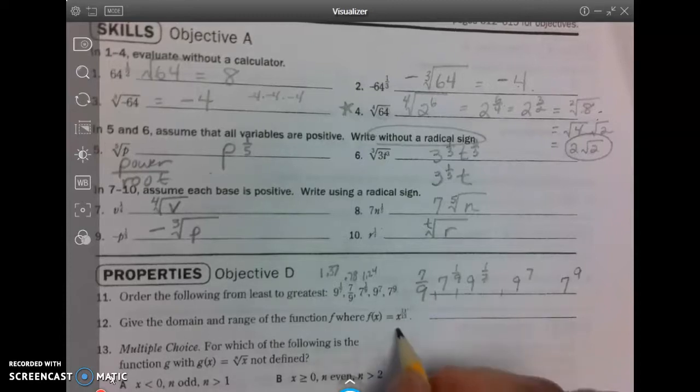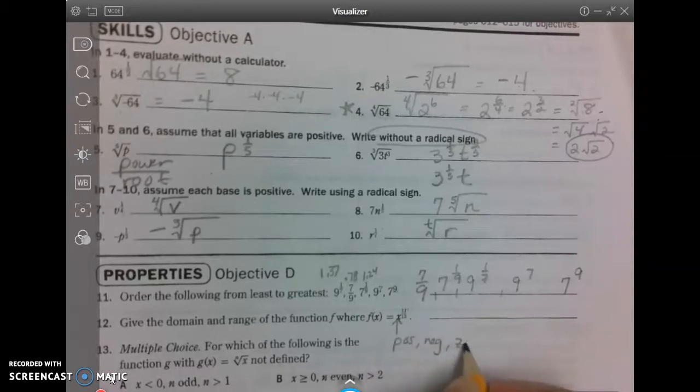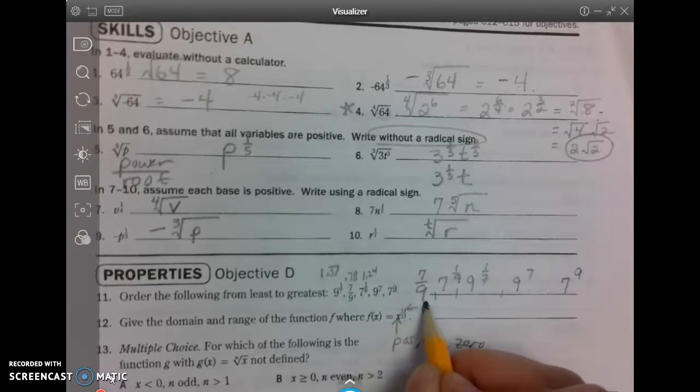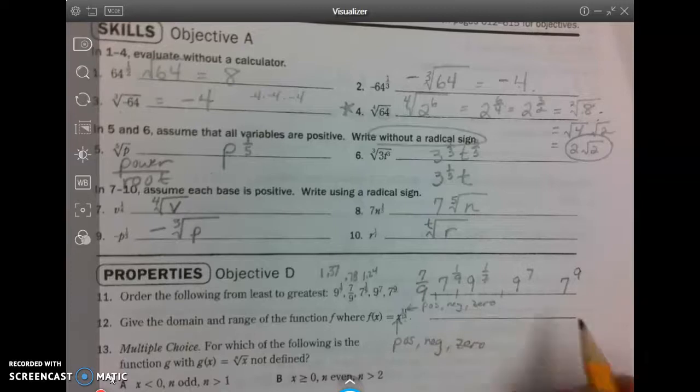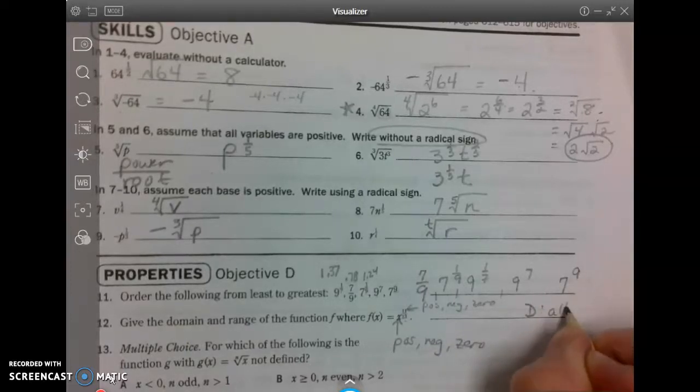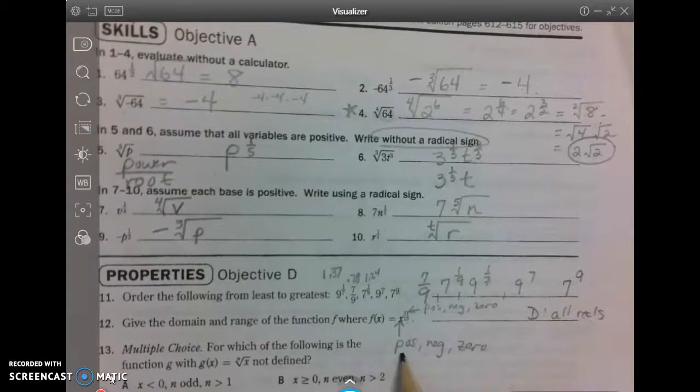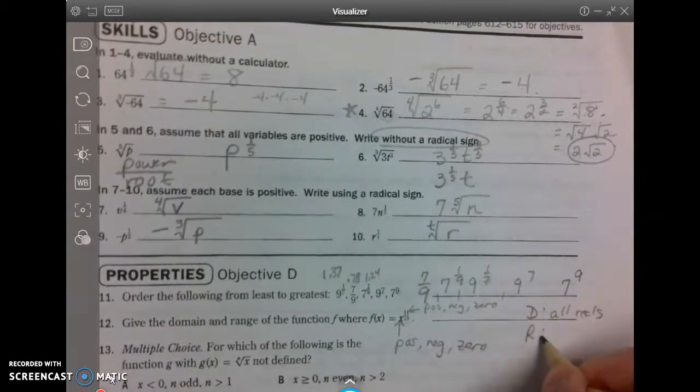So what goes in here can be positive, negative, or 0, because you're allowed to take an odd root of anything you want. Once you take that root and you raise it to the 11th power, this is going to become positive, negative, or 0. So my domain is all reals, because I can put anything in it I want. My range is also all reals.